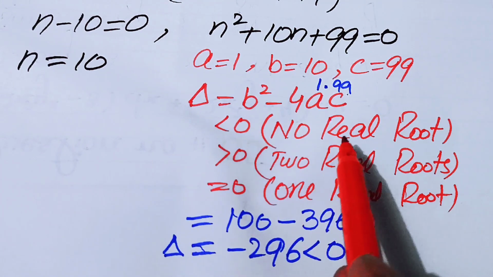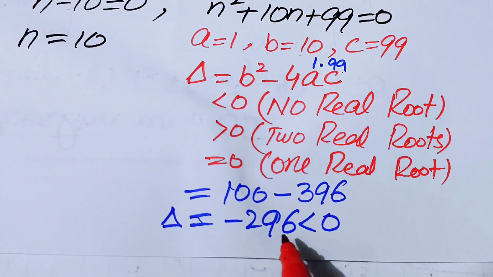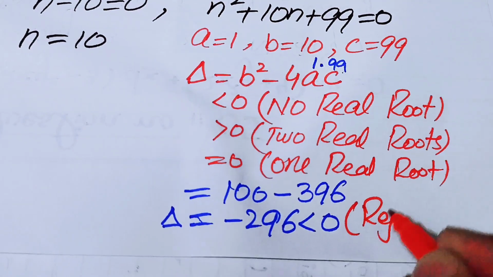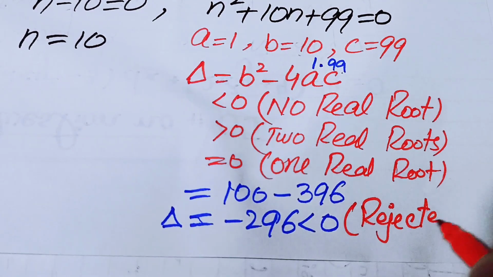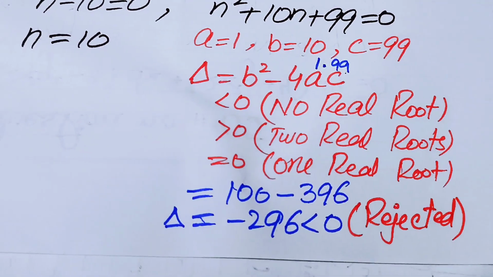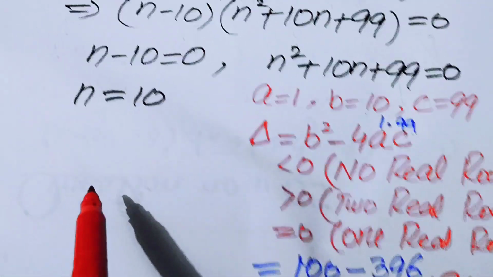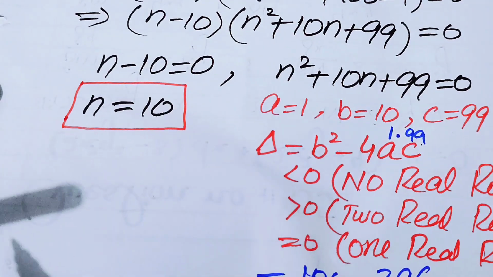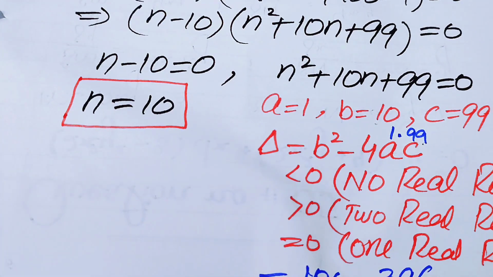Since it has no real roots, we reject this case and proceed with the first case only. So this shows that n is equal to 10 is the only real solution of the given problem.